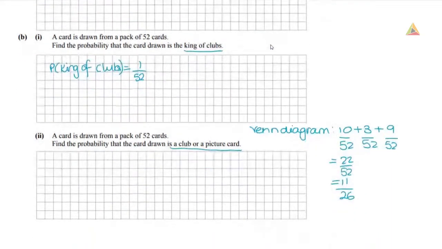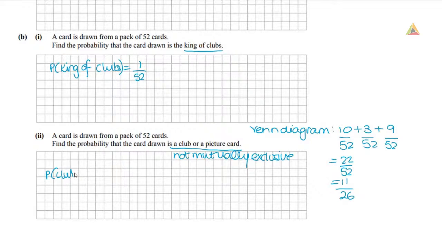But if I wasn't using my Venn diagram, we would have to say these are not mutually exclusive. Which means the probability of club or picture is the probability of a club plus the probability of a picture card minus the overlap.